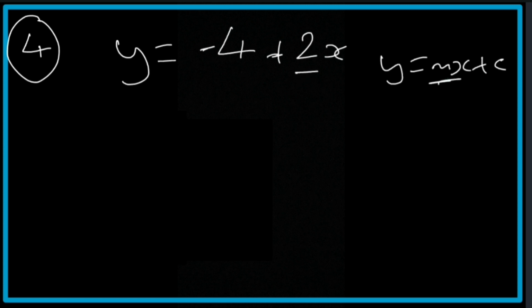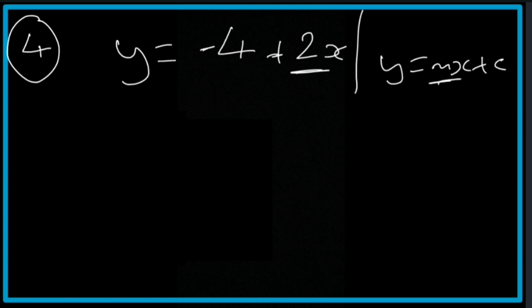A fourth example is when you've got y equals minus 4 plus 2x. So as you can see, this equation is slightly different. It's not in the form y equals mx plus c, because the mx is actually at the end this time. So what does that mean for us? Well, you can follow it through in exactly the same way and it doesn't make a difference.